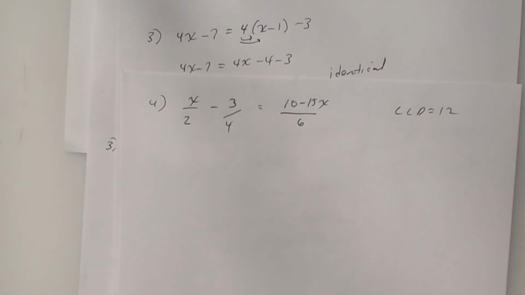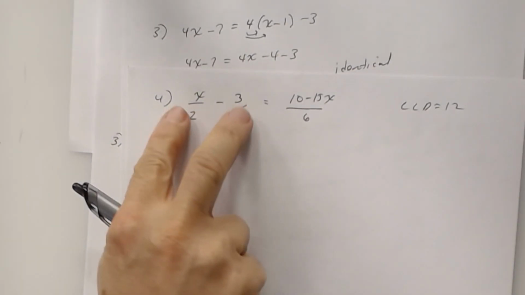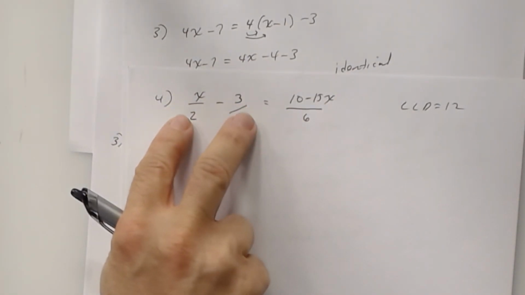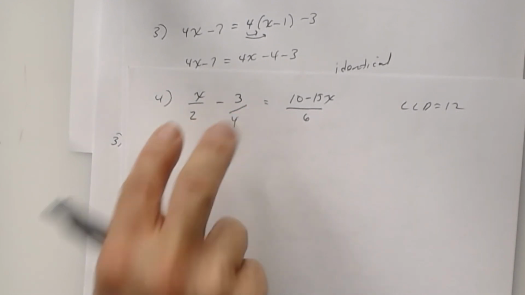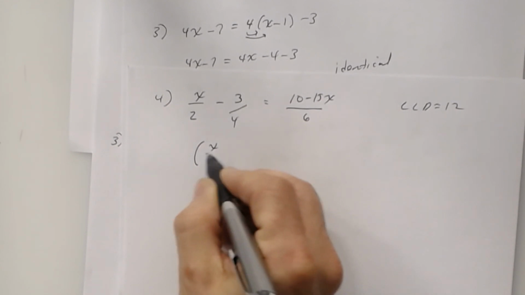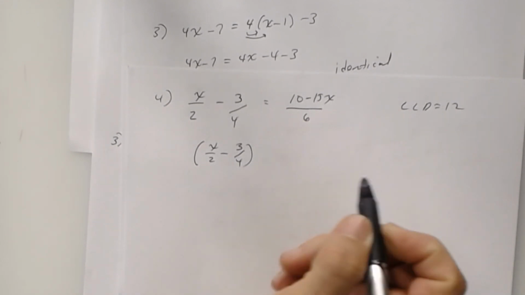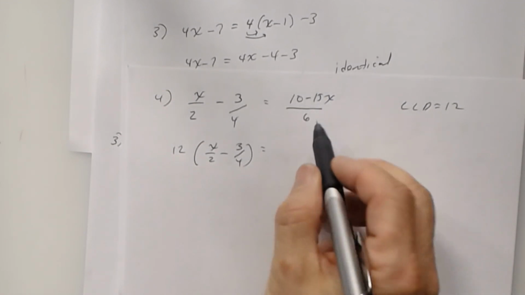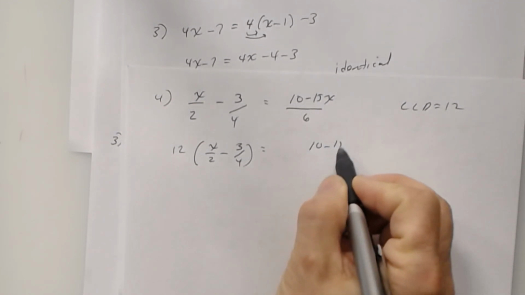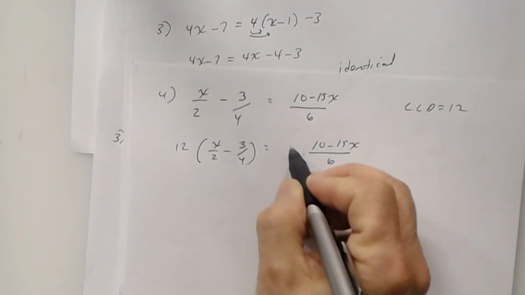Are there any restrictions? You better say no, because there aren't any variables in the denominator. Now once you find your LCD, on the left side you're going to enclose that in parentheses because you have 2 rational expressions here. So you're going to say times 12 equals, and over here, since that's just one rational expression, I'm just going to leave it as it is and say times 12.